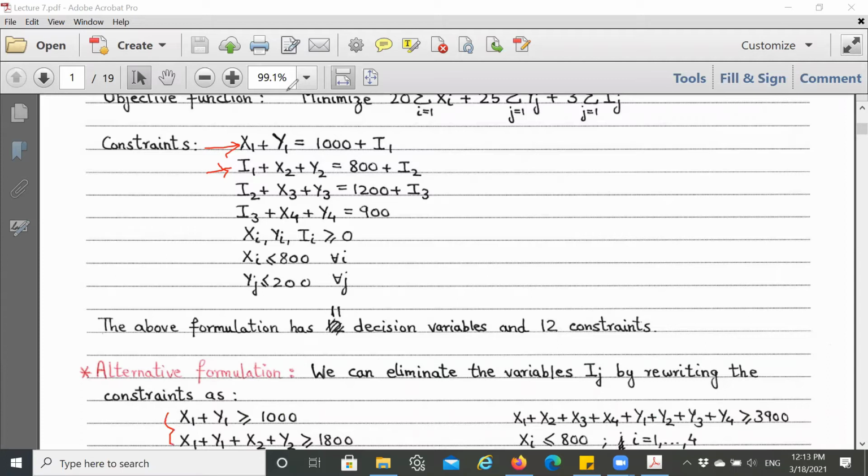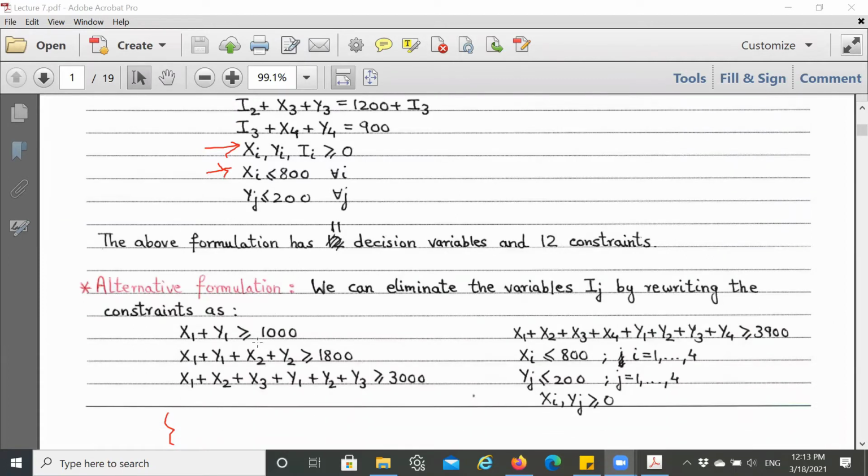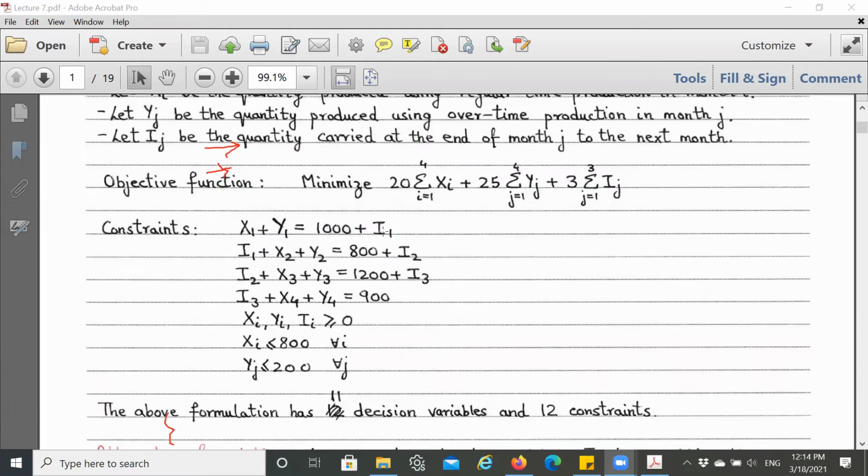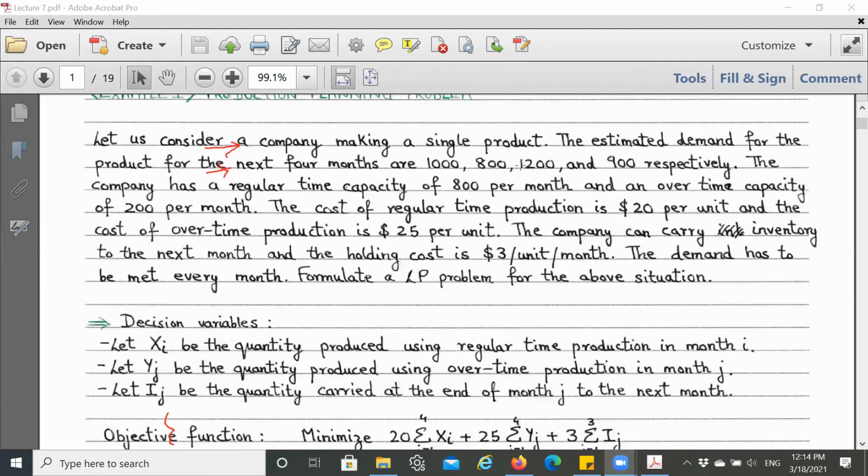So I can do that. And similarly, in the third case, I would take these two equations and add X3 and Y3, and that should be greater than or equal to, now we had 1,800. What was for the third month? The third month was 1,200.